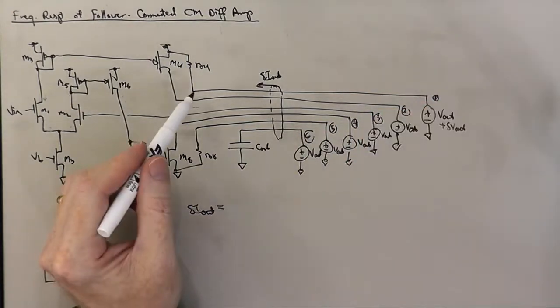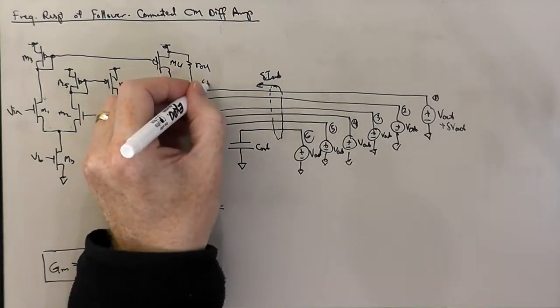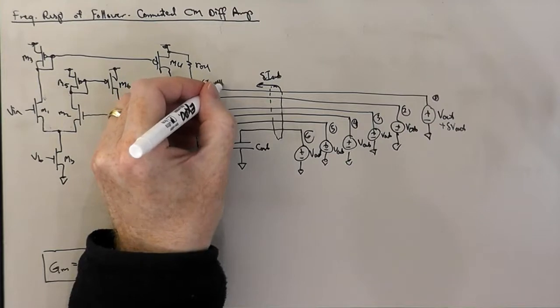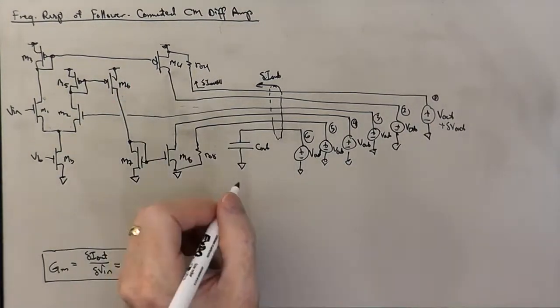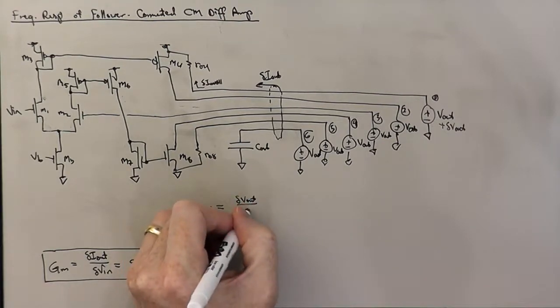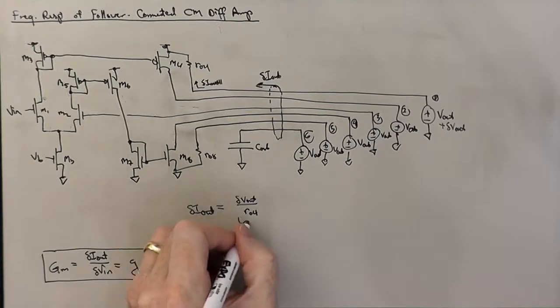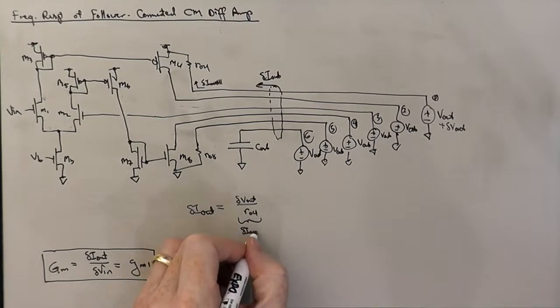Well, we have an early effect resistor, and we're going to have a delta I out 1, 1. And that is going to be simple enough. It's going to be given by delta V out over RO4, which is incremental Ohm's law. And that's delta I out 1, 1.